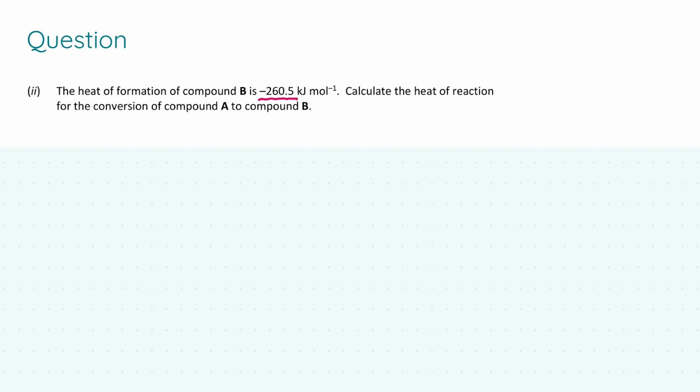So we're told that compound B is negative 260.5 minus compound A. We're going to just throw it in here, since compound A is negative 250.3 kilojoules per mole again. And this equals, all we do, throw it into the calculator, that'll be our answer.